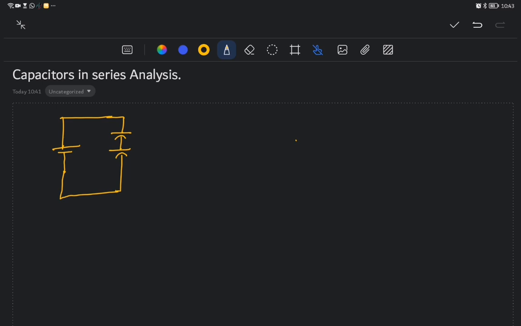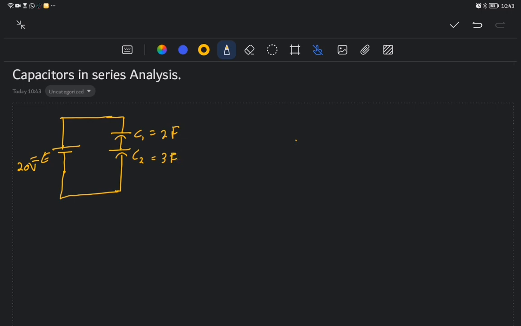Now if you have those two capacitors there, we've got C1 and C2, and our battery is maybe told to be E, and E maybe is 20 volts, and here we've got 2 farads, and here we've got 3 farads.